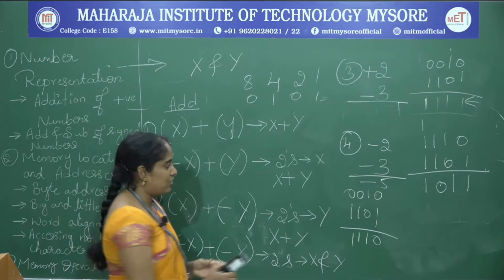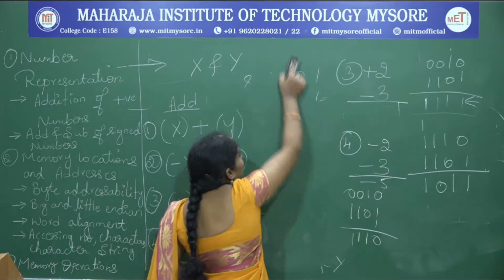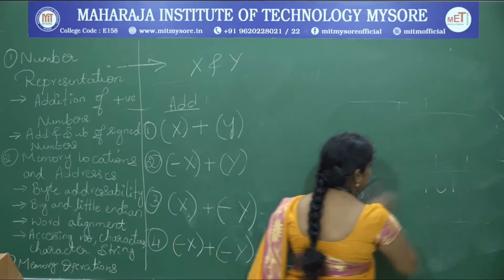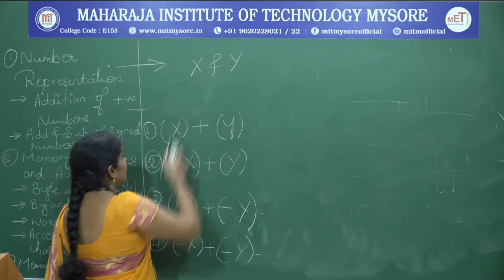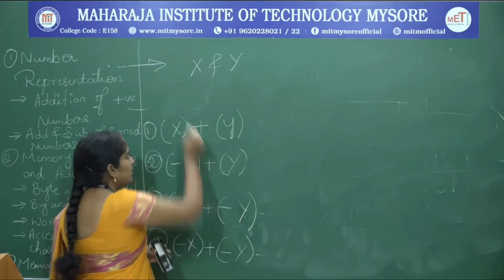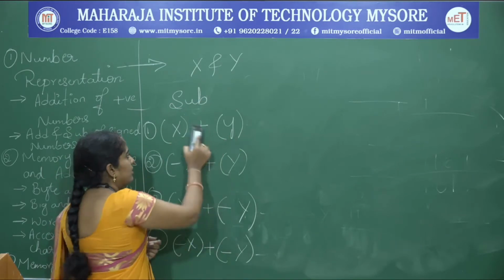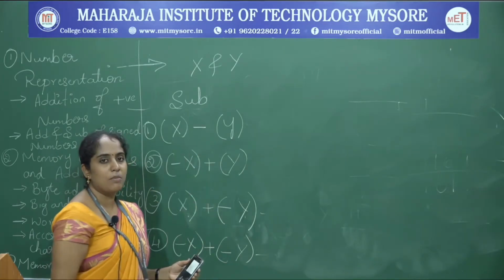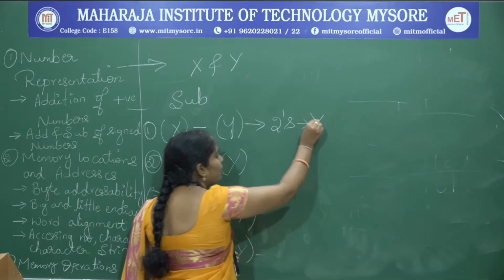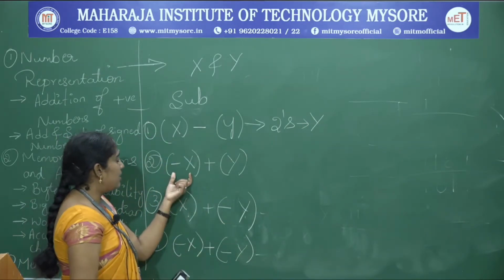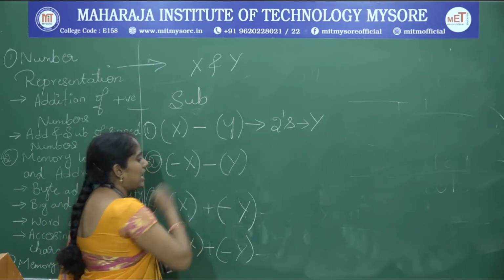Okay, this is for addition. So next is subtraction. Again we have the same set of formulas, we will check that now. Okay, so for subtraction, again take two variables x and y. If x is positive and y is positive, then you need to subtract these two numbers, and you need to take the 2's complement of y, right. Similarly, if x is negative and y is positive, you need to subtract these two.